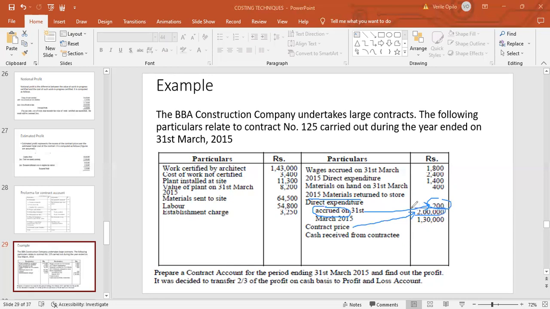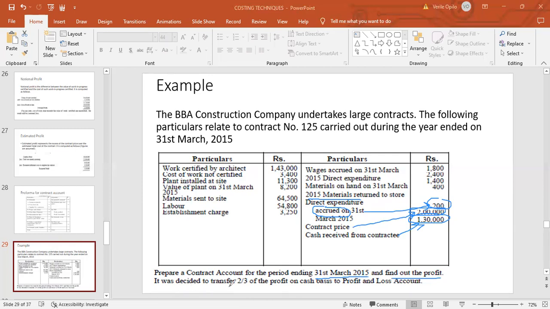Then we have the contract price, which is equal to 200,000. And the cash that has been received so far from the contractee is 130,000. So the question is: prepare a contract account for the period ending the 31st of March 2015 and find out the profit.